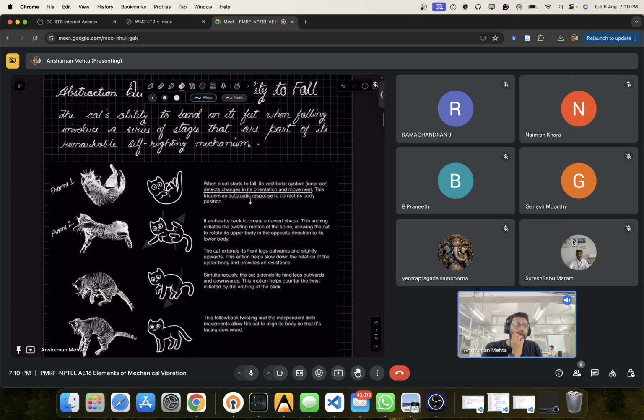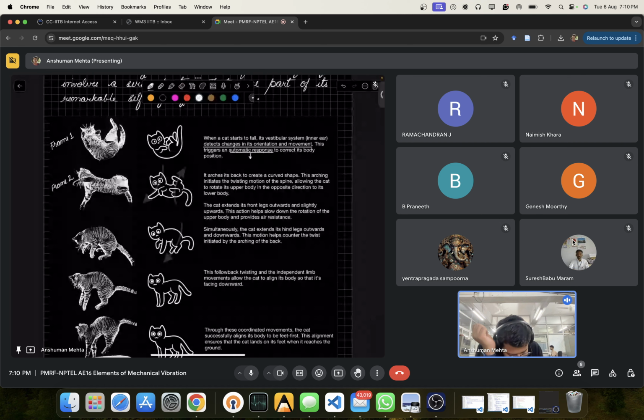It arcs the back to create a curved shape. Then this arcing initiates the twisting motion. It initiates a twist of the spine, which allows the cat to rotate the upper body in the opposite direction to the lower body. So it does like this and then the opposite direction. It cannot do that directly, so it arcs its back and does like this.